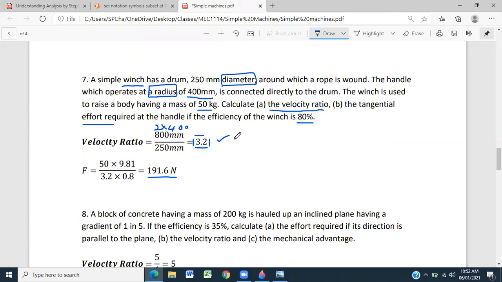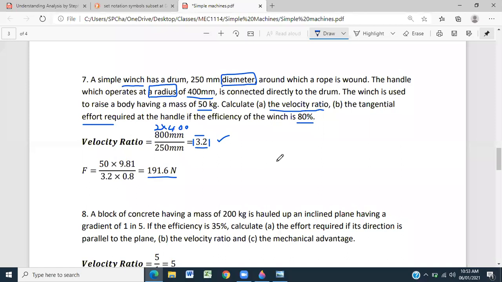Now, they gave us the efficiency as 80%, right? Yeah. So we kind of skipped the step with the mechanical advantage and whatnot.